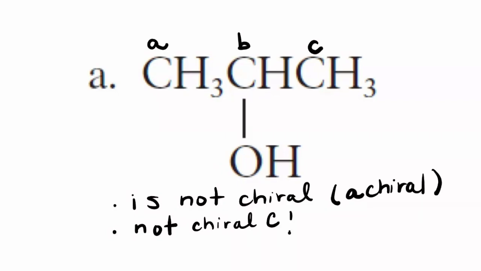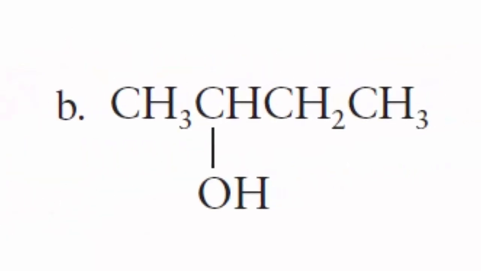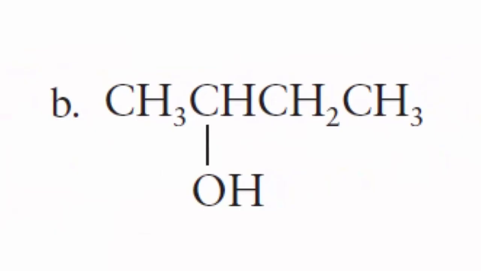Okay, let's now do the example for letter B. I'm going to start by labeling the carbon atoms. This is carbon A, carbon B, carbon C, and carbon D. We learned in the previous example that a carbon atom with three hydrogens cannot be chiral. So carbon A is not chiral, and carbon D is not chiral.